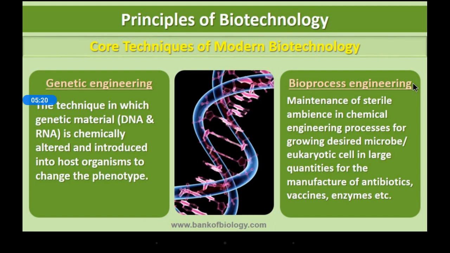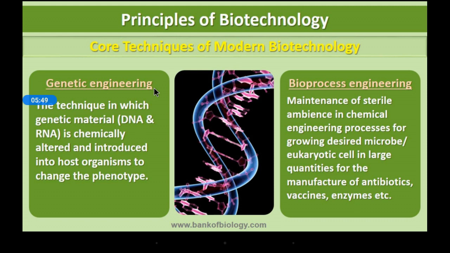And the core techniques of modern biotechnology. The basis of biotechnology includes classical biotechnology and modern biotechnology. Classical in the sense that it's making of wine, curd, bread and all, which we already know have been traditionally used, right? But modern, new upcoming technology is there, and in modern biotechnology the process included is genetic engineering.